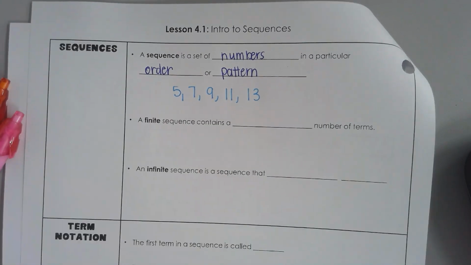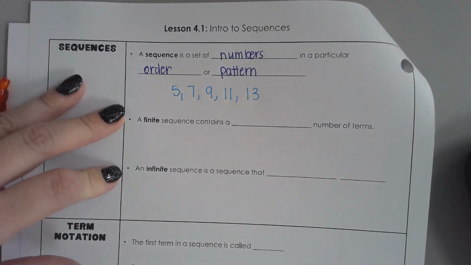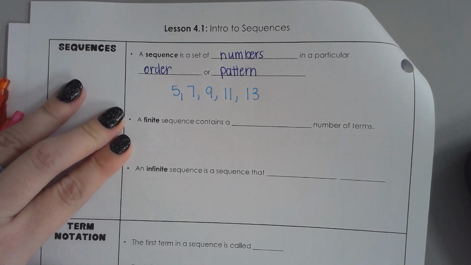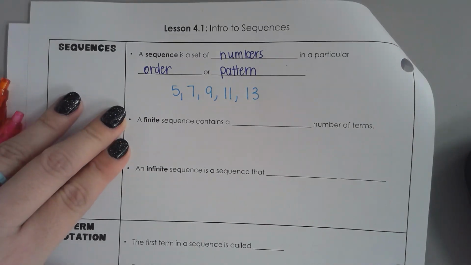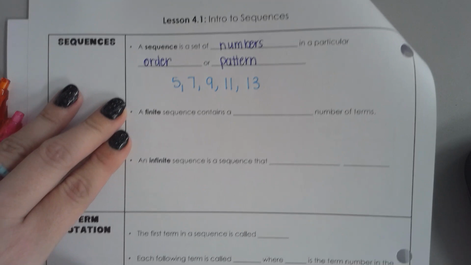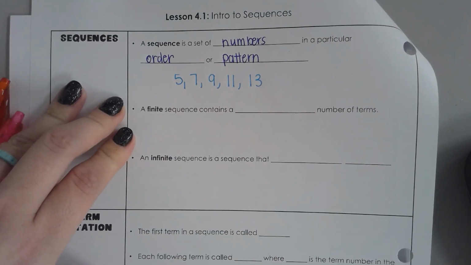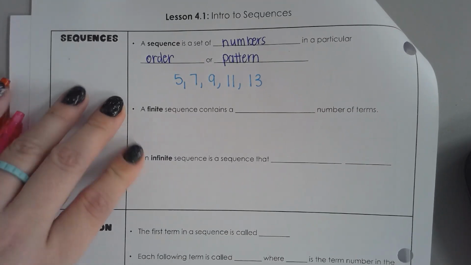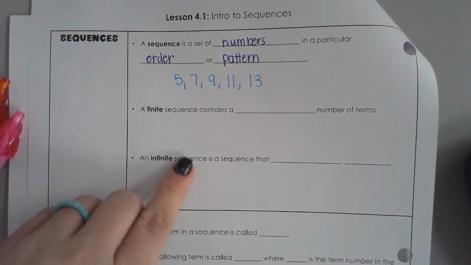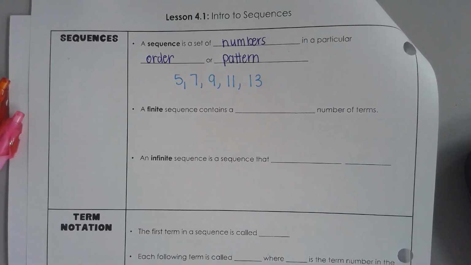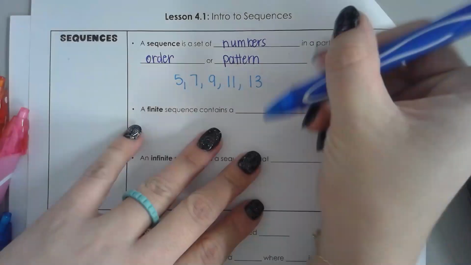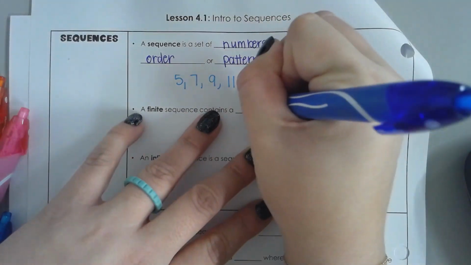Very good. And sequences can be divided into 2 categories, finite and infinite. You know what the word infinite means, right? So finite is the opposite of that. A finite sequence contains a limited number of terms.